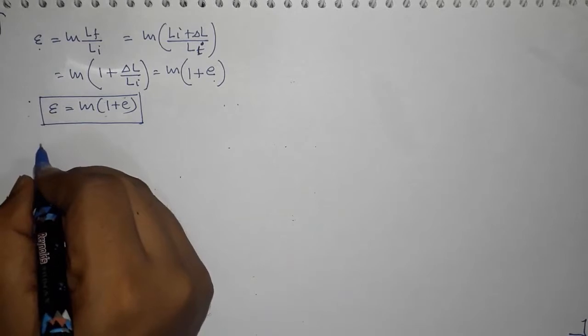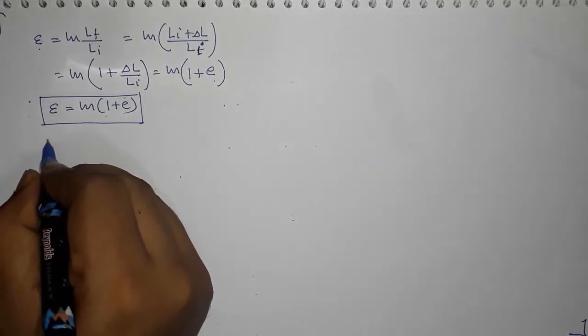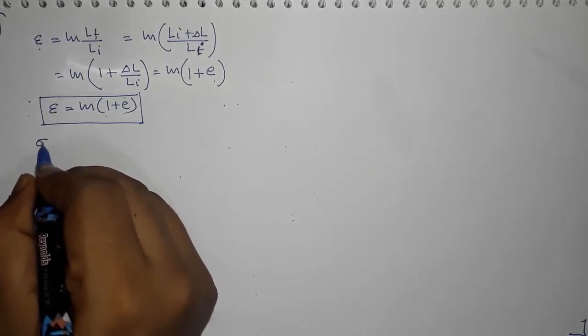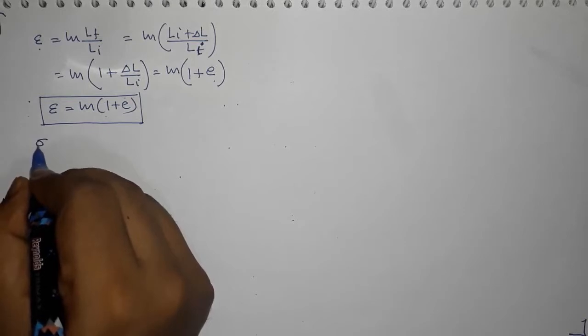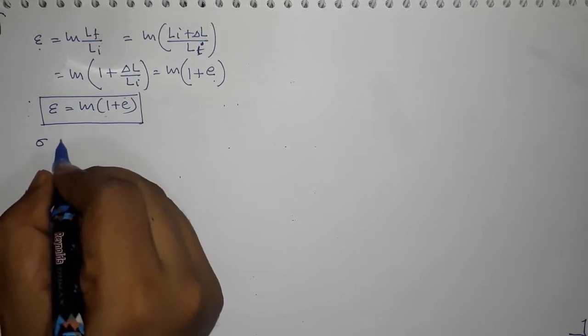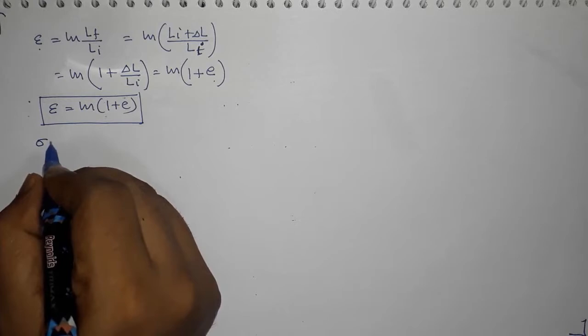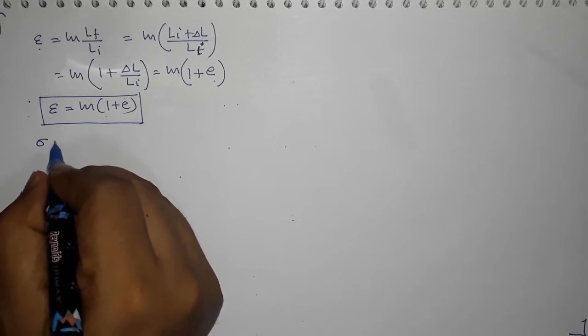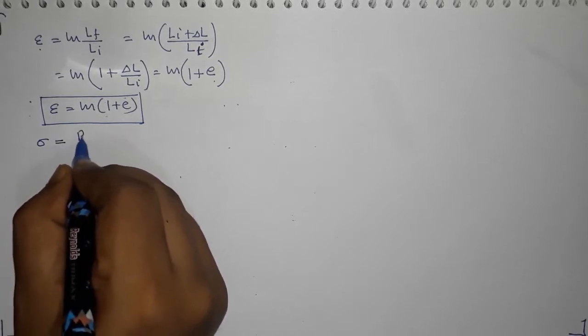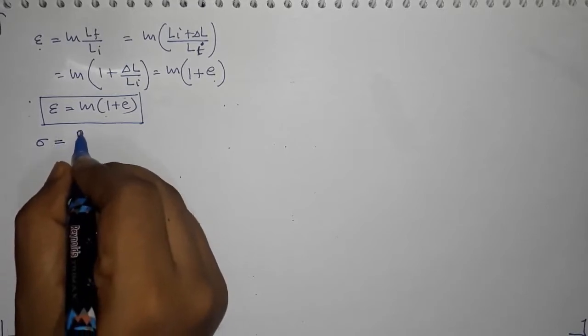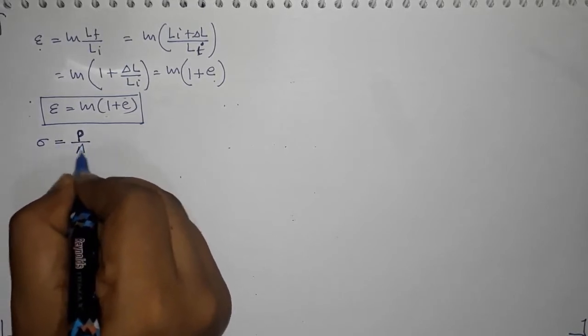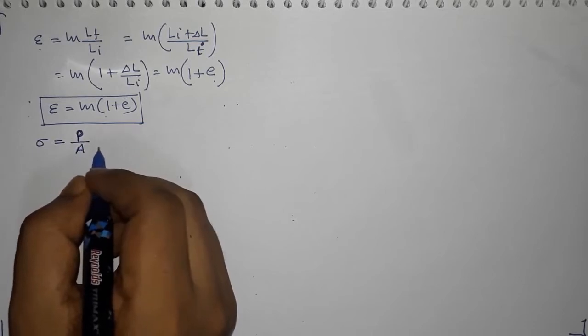Okay, so now let us try to find out the relation between true stress and engineering stress. True stress is defined by the load applied in the current form divided by the current area.